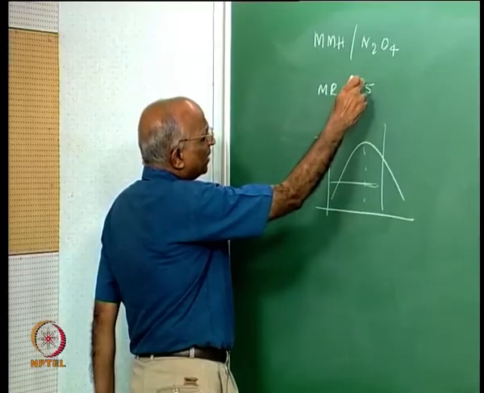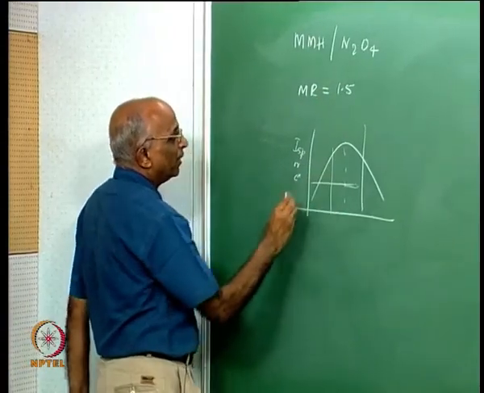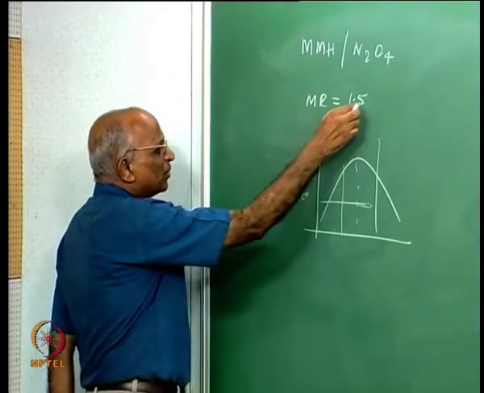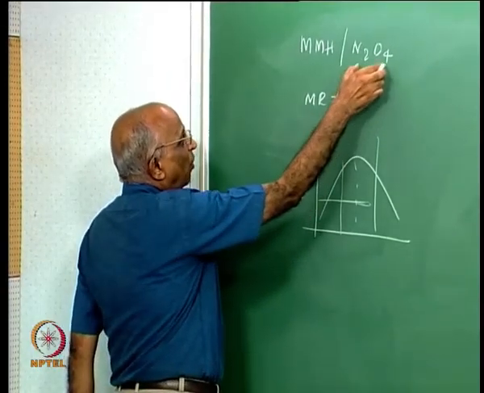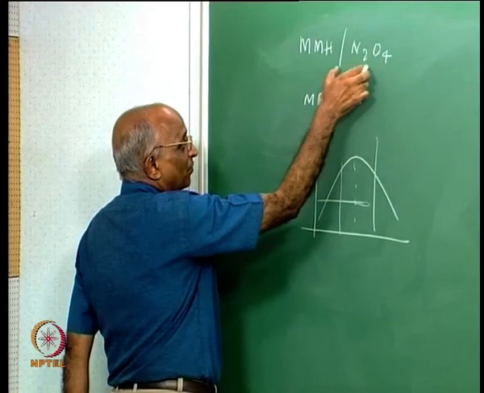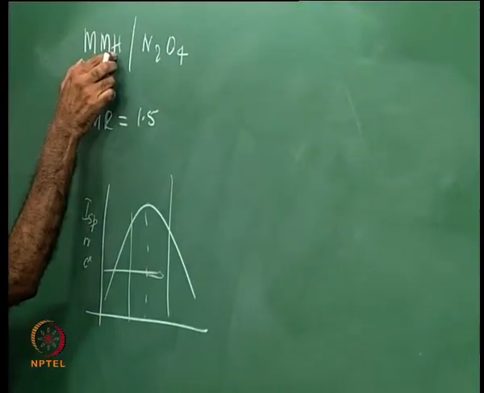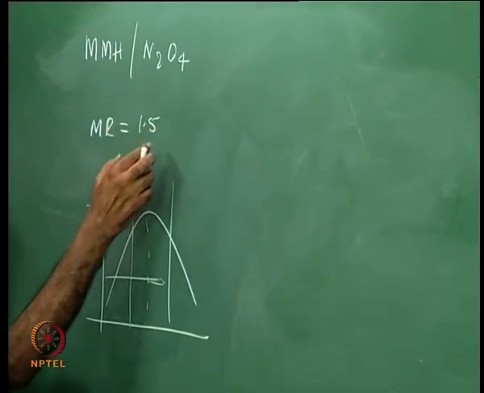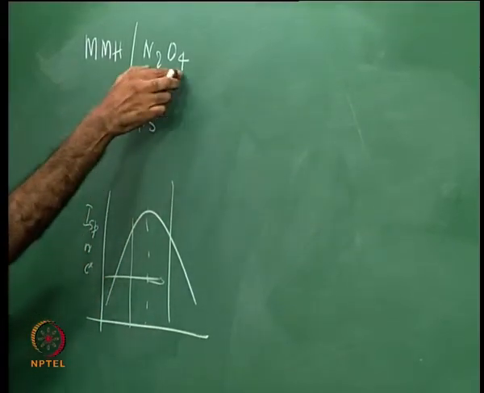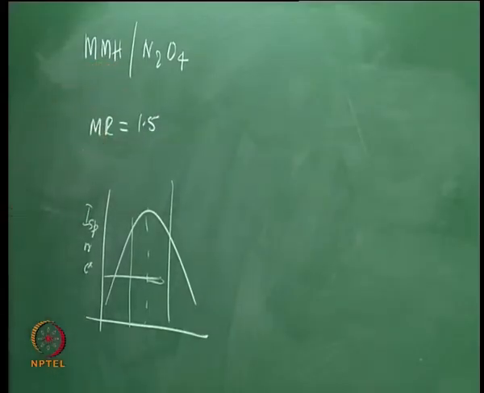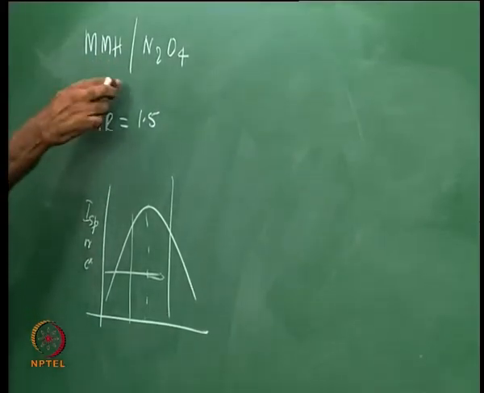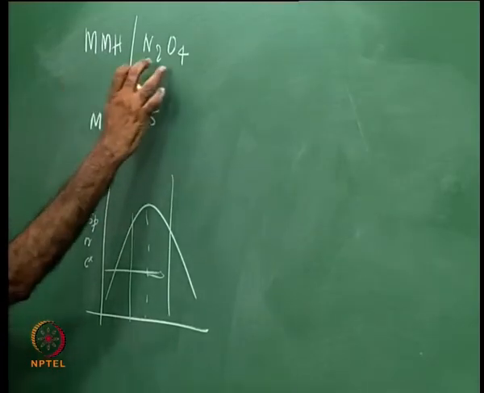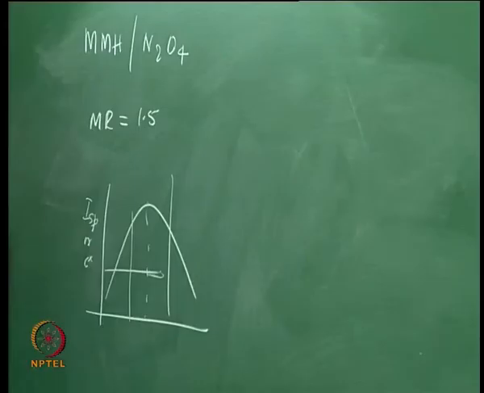Normally, for simplicity in doing a problem, sometimes we will use a mixture ratio in which the volume quantities will be the same, such that I just need to develop one tank and the same tank I can use for both the purposes. Let's start with this problem. I say I am going to make a rocket using MMH and N2O4 at a mixture ratio of 1.5.